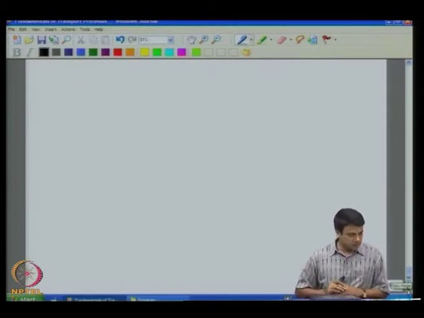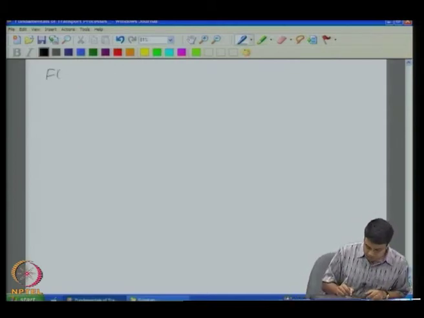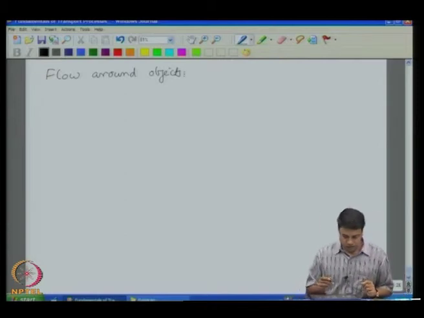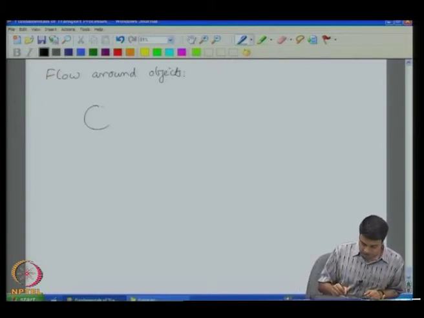The other broad class of problems is flow around objects. In this case, this is the object, and it has, let us say, a temperature T1, and T2 far away, and there is a flow around this object.